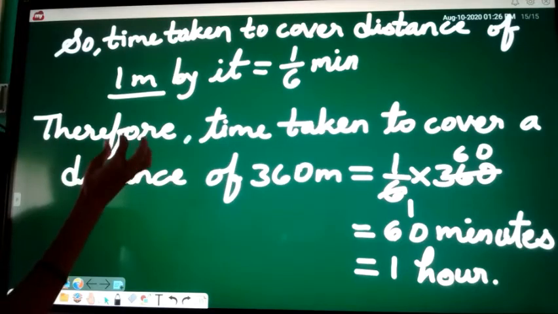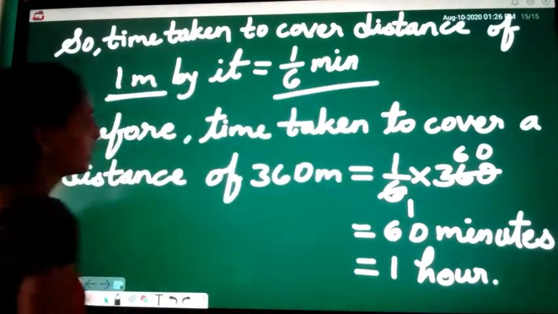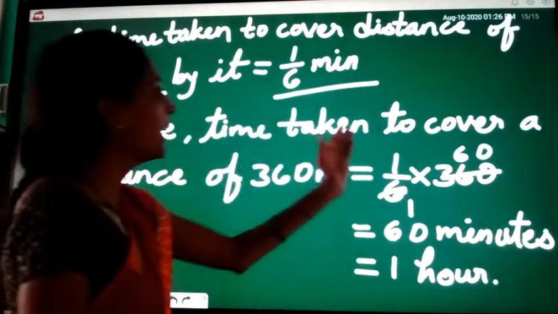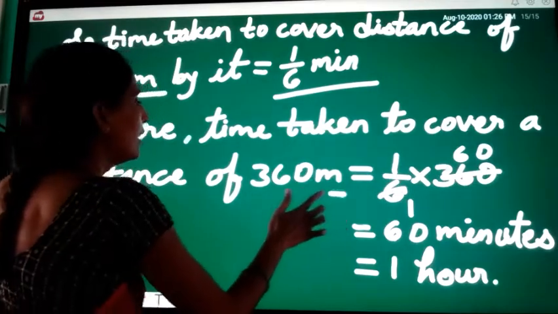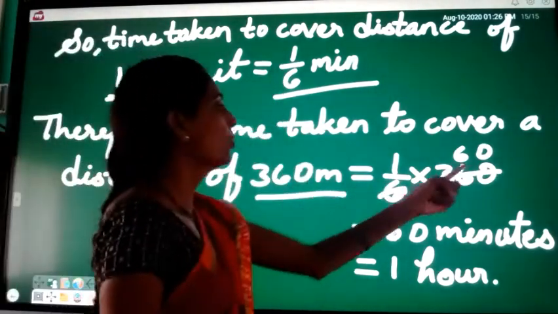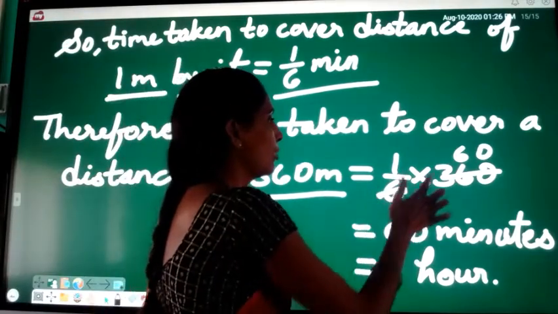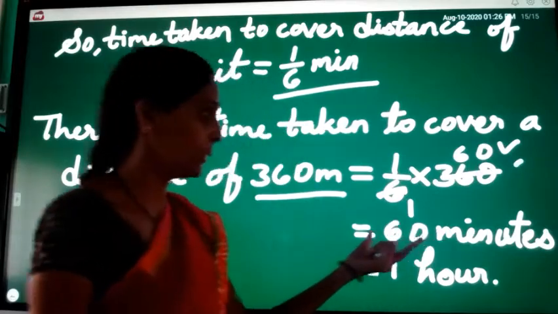Now we have to find the time here. So for 1 meter it takes 1 by 6 minutes. Okay, therefore the time taken to cover a distance of 360 meters: for 360 meters, what time will it take? So 1 by 6 into 360. We can cancel 6 into 360. It will be 60 times. So 60 minutes will be there.